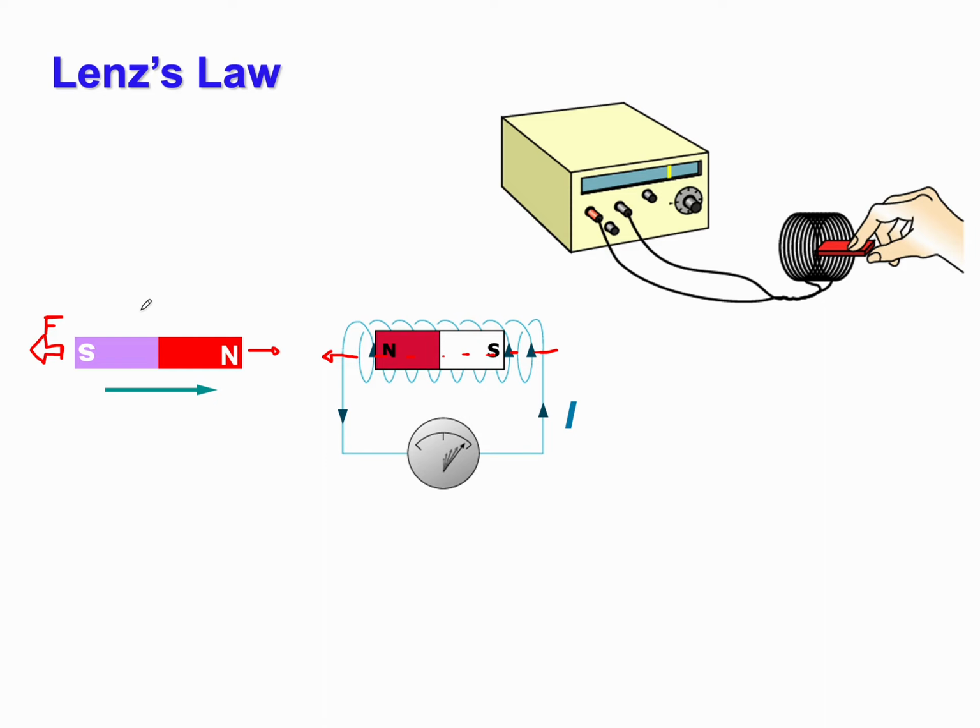It just gets greater and greater and greater. In this case, it's conserved. To actually push this towards this thing is going to take some work because it's repelling. And we're producing electricity. And so you've got to do work to get energy, in this case, electrical energy.